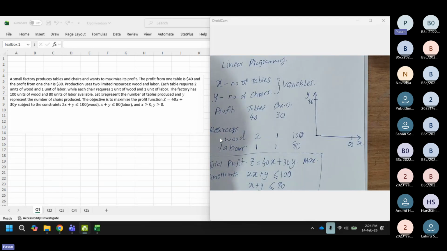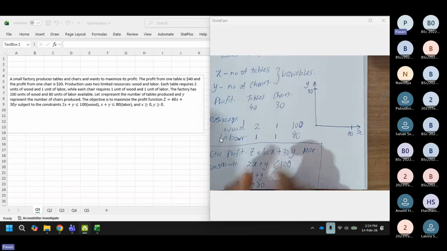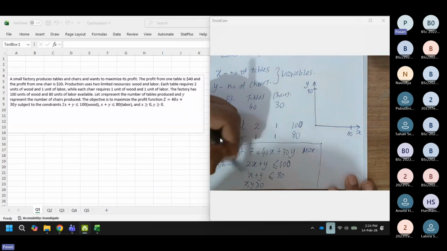And then altogether, I have this function here, right? That is our requirement in terms of the profits, right? But before that, I'd like to look at our two constraints here.